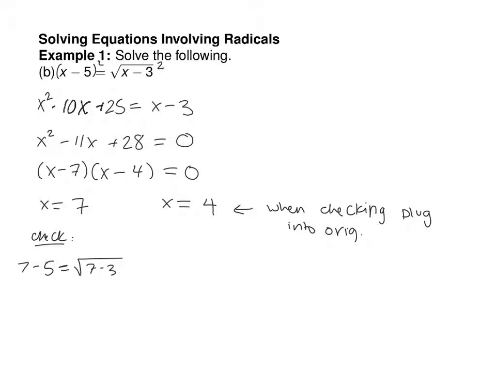Does that work? It appears to, right? 7 minus 5 is 2, 7 minus 3 is 4, then your root, you get 2. I just care that you show me you've checked somehow. How about 4? Does 4 minus 5 equal square root of 4 minus 3? No.